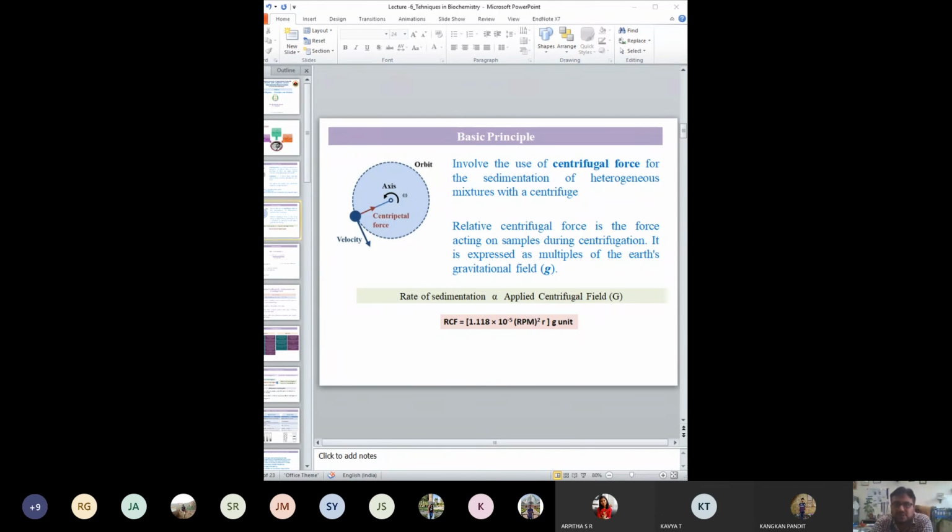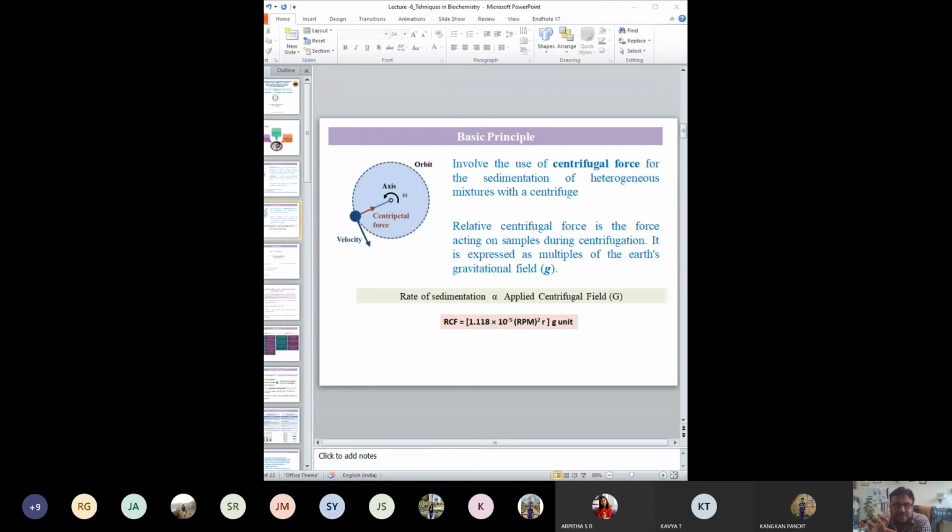So coming on to another term which is very popularly used in centrifugation, that is sedimentation. I think in our routine day-to-day activity also, many times we are using this word sedimentation, meaning settlement. So the rate of sedimentation, which is basically used in centrifugation, is defined by an equation which I have written here.